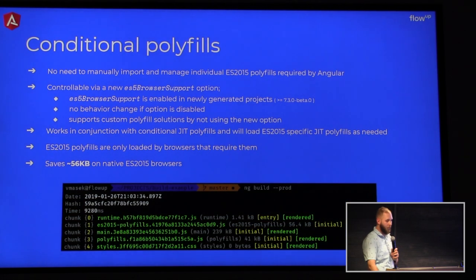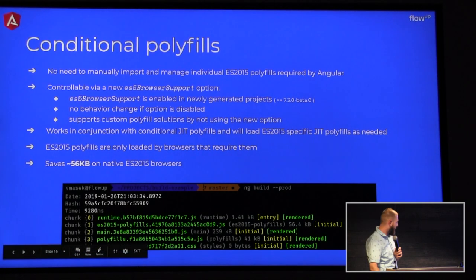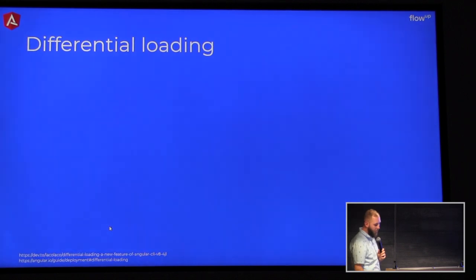It looks somewhat like this. You can see that there is the normal polyfill, there is a normal one, the ES3, and there is also the ES2015. So there are basically two.